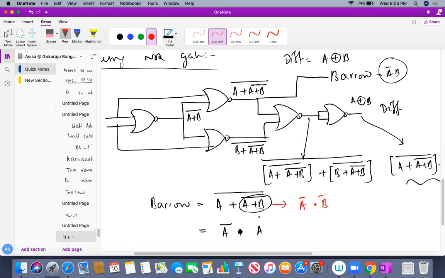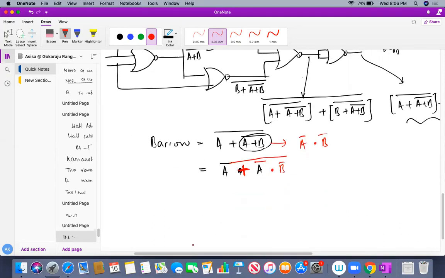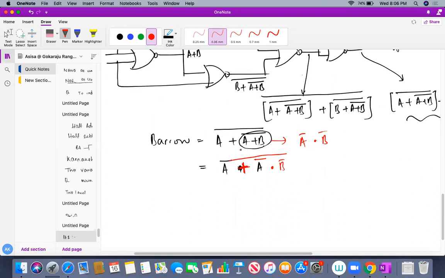Am I correct? If I apply De Morgan's theorem again inside, so this will be nothing else but A bar and B bar. Okay, if you are getting confused, first what I did inside that, I did De Morgan's theorem. Any doubt, students? What I did inside, I have done A or B bar, I have done the De Morgan's theorem. So I got A bar and B bar. So I have just applied here De Morgan's theorem.